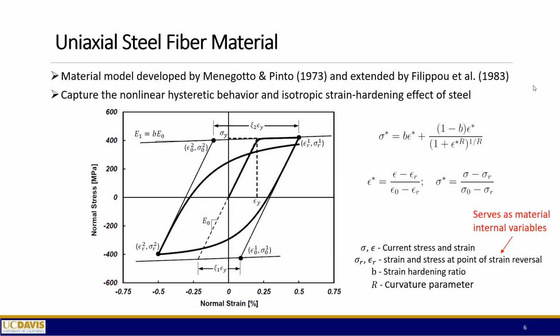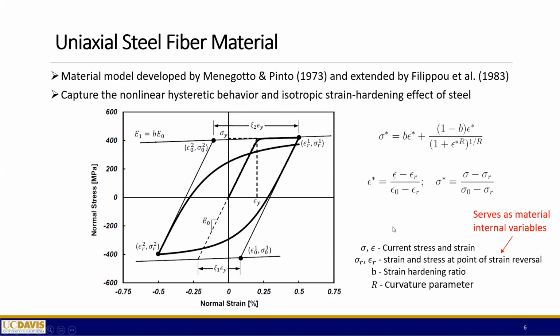The main response of the material is defined with these three equations right here. The parameters sigma and epsilon are the current stress and strain. Remember that this is a uniaxial material model, so the stress and strain are scalars.